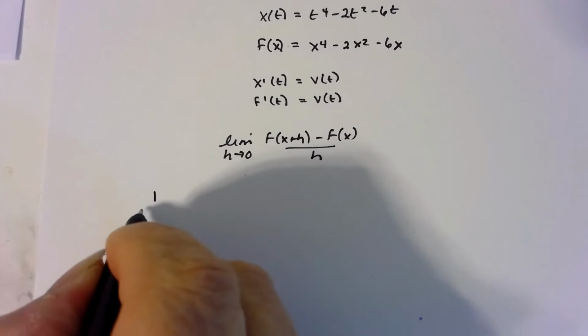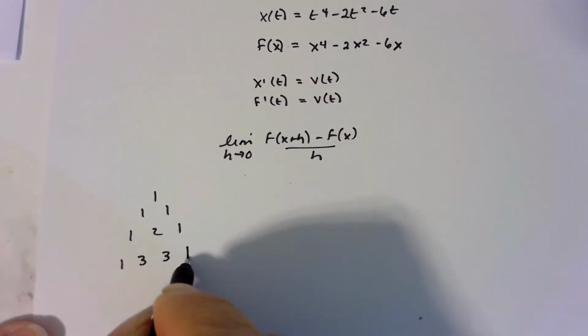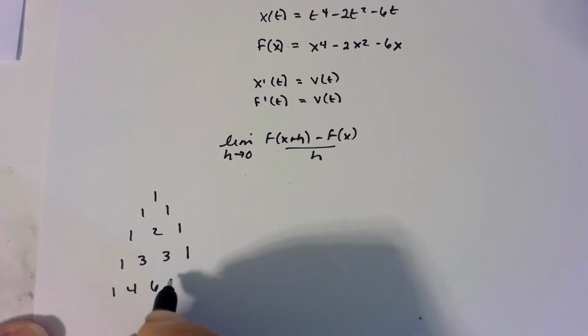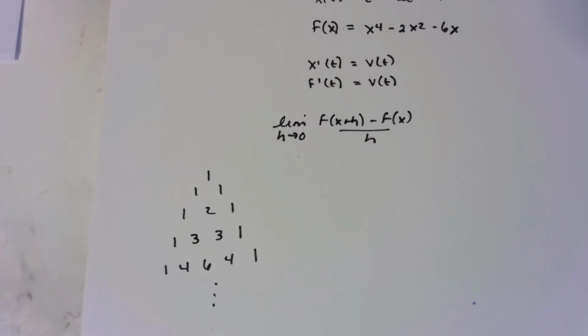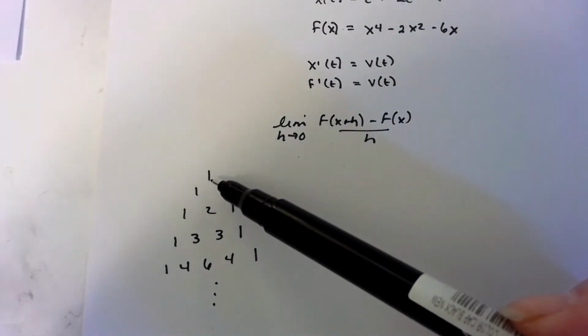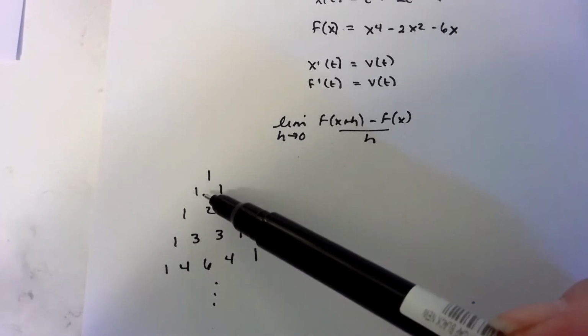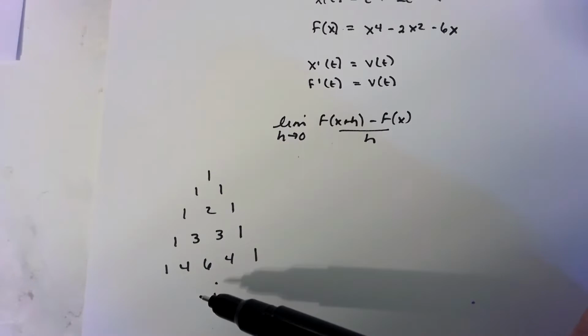So remember, let me just write a few. Pascal's triangle, which you should know. It scares me that you don't, but hey, what do I know? Pascal's triangle starts with a 1 up on the top. Looks like a pyramid, right, or a triangle. And every row starts with a 1 and ends with 1.